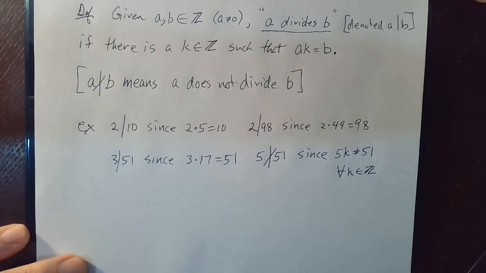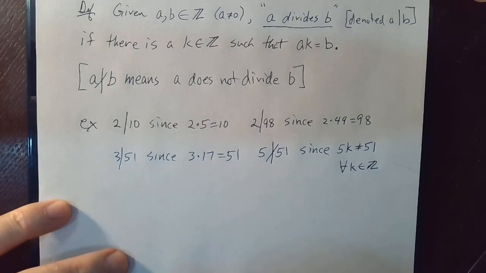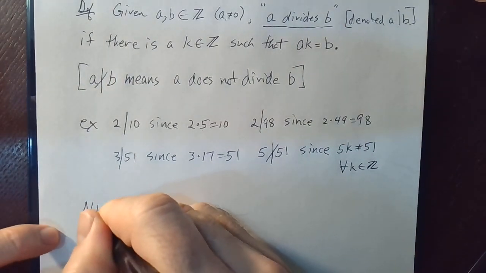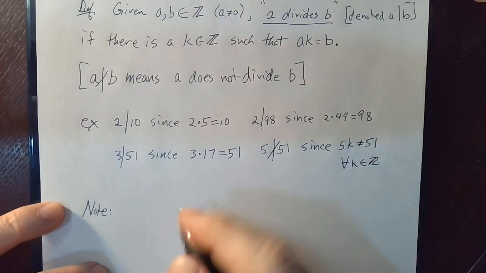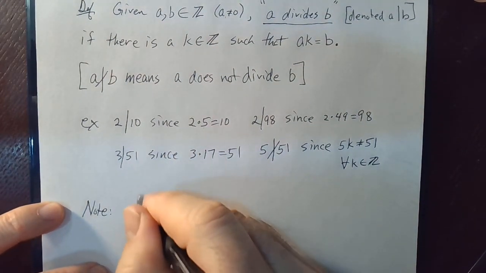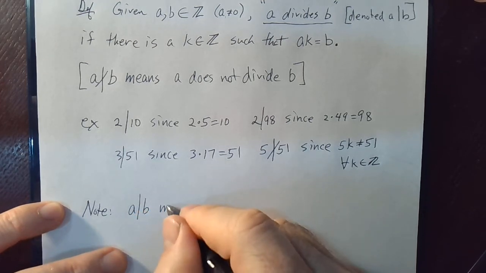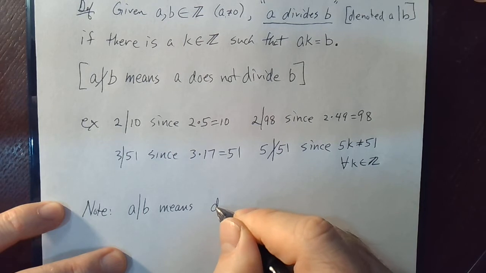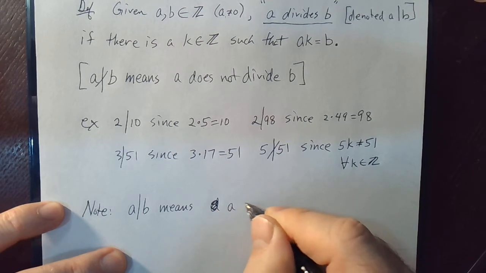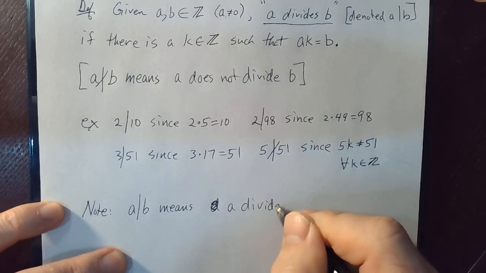Okay, well, to finish out this short video, let's just make a note here about some other ways we might refer to this, a divides b. So this means, and the way we read it, as we've already said, is a divides b.